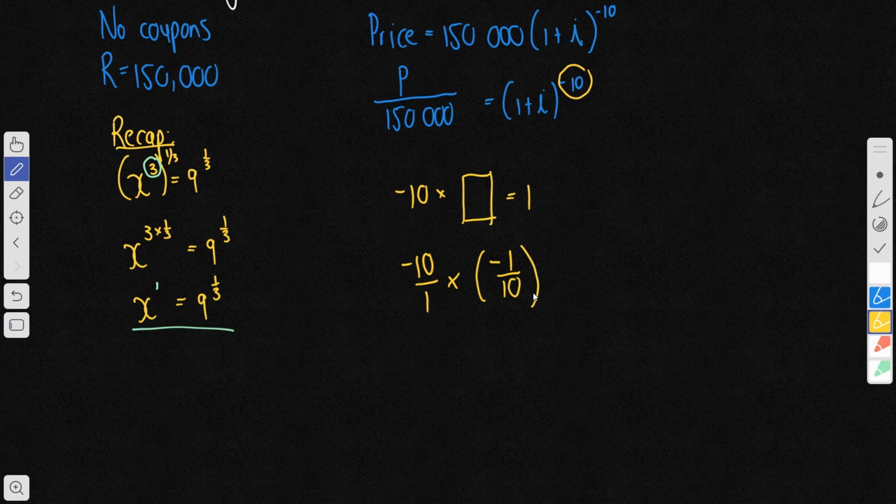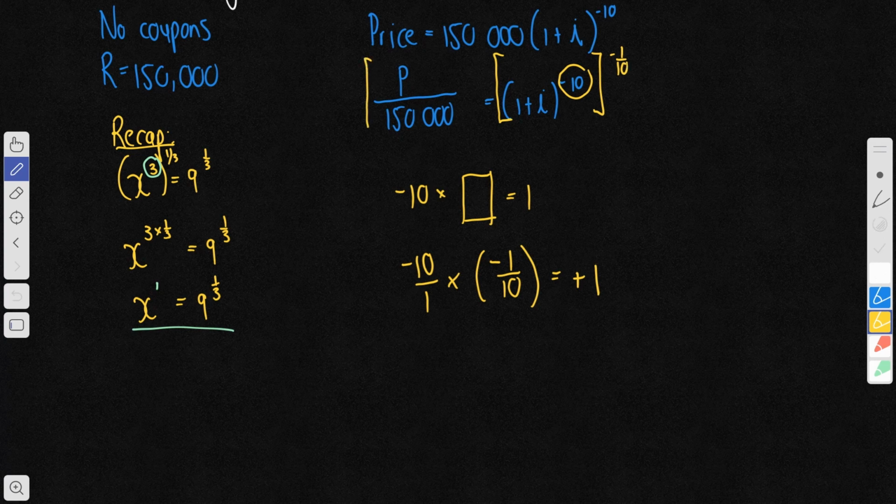As you can see, the sign of this new number will be a plus because a minus and a minus is a plus, and 10 divided by 10 is just equal to 1. So indeed, we'll end up with an exponent of 1 if we raise this entire equation to the power minus 1 divided by 10.